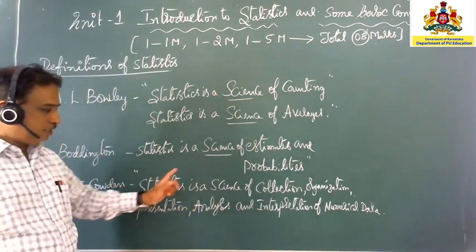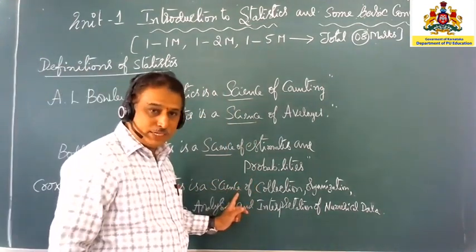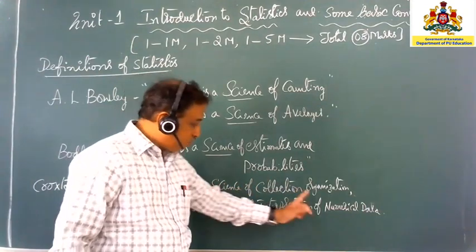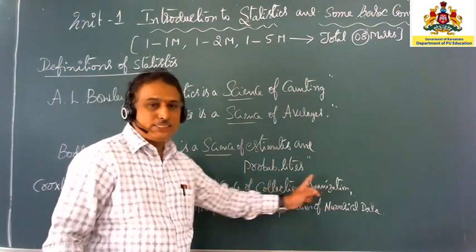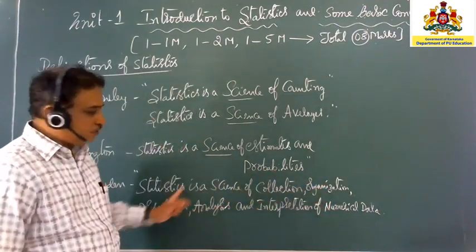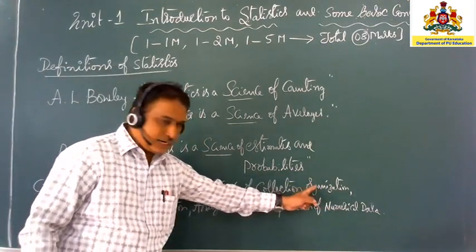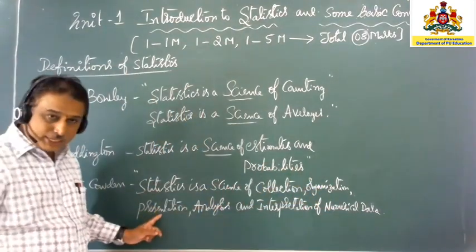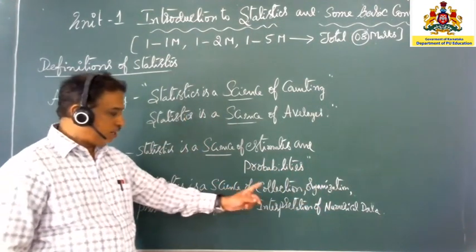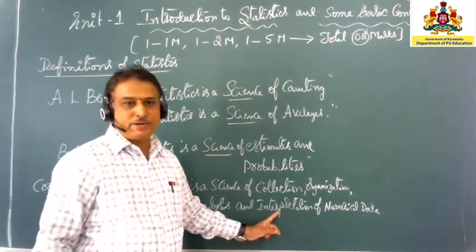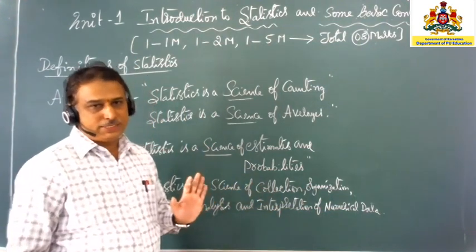Here also, statistics is a science subject. First, you have to collect the data, organize the data, present the data, analyze the data, and finally interpret the data. It is nothing but statistics.